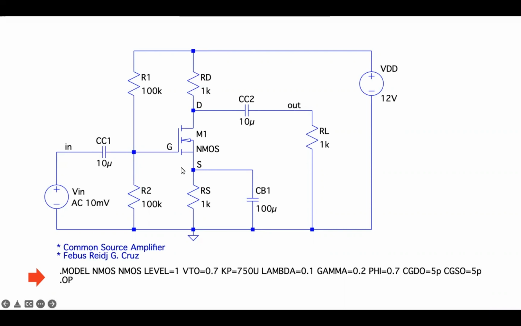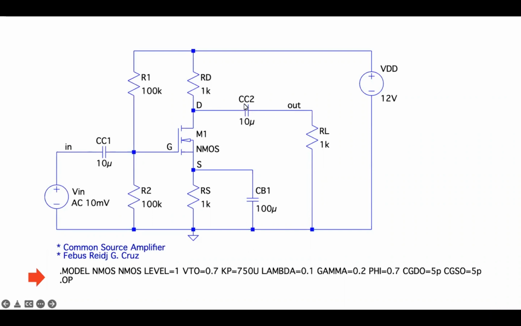Okay? So we have a voltage divider bias provided by resistors R1 and R2. And we have the DC supply, VDD, equal to 12 volts. Then you have the drain resistor of 1 kilo ohms. Then source resistor of 1 kilo ohms. Then you have the input coupling capacitor CC1 of 10 microfarad.